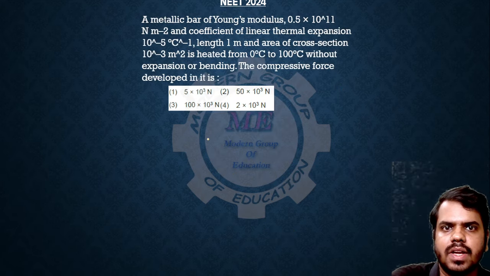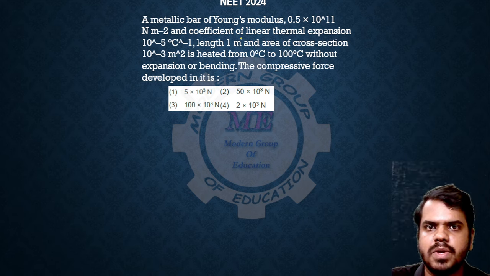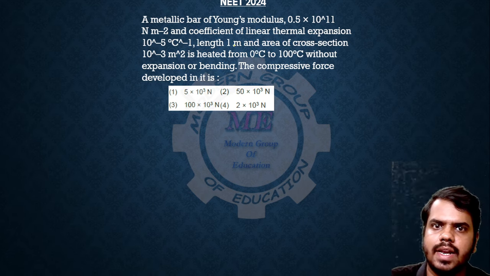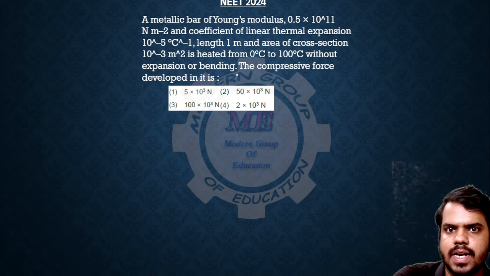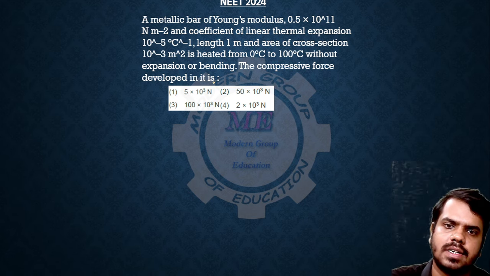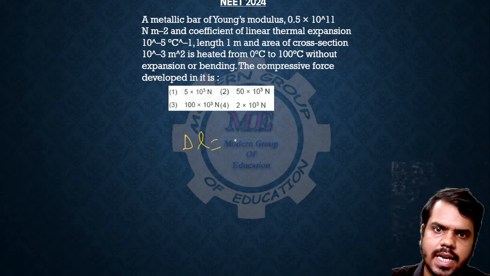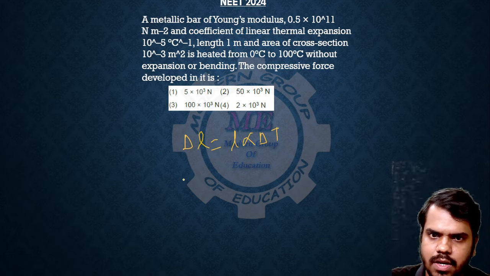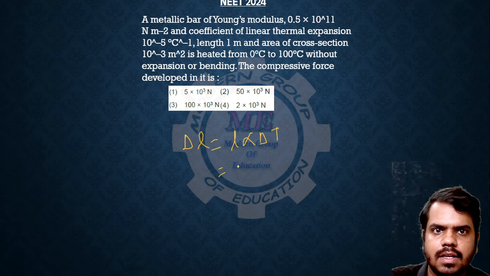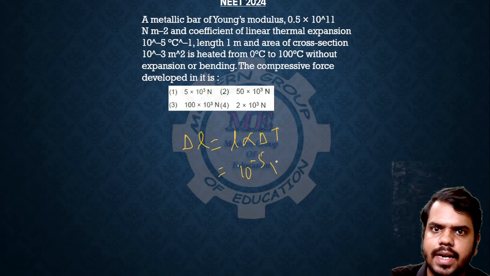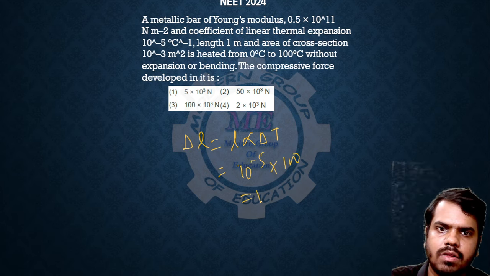A metallic bar of Young's modulus Y and coefficient of linear thermal expansion alpha, with length 1 meter and area of cross section 1 meter squared, is heated from 0 to 100 degrees Celsius without expansion or bending. What is the compressive force developed in it? First of all, you have to find del L, which is L alpha delta T. L is 1 meter, alpha is 10 to the minus 5, and del T is 100, so del L is 10 to the minus 3.